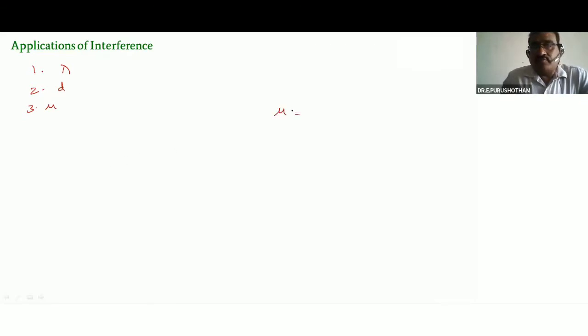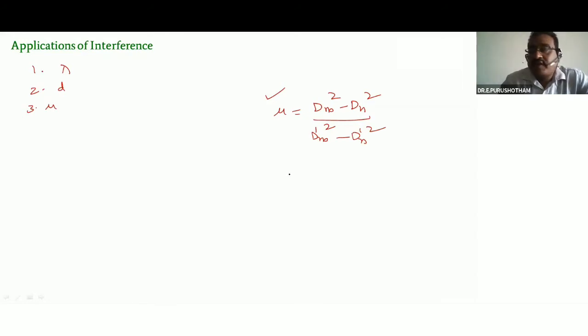So this is the formula: dm square minus dn square by dm dash square minus dn dash square. This is the refractive index. In our notes, I am giving these two formulas, the lambda formula and the refractive index formula. These are useful in our problems.